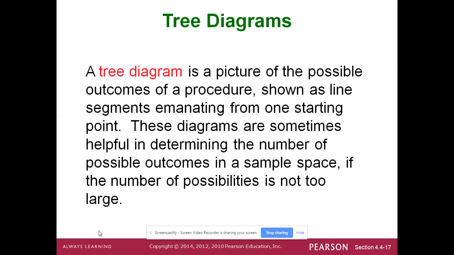It's sometimes helpful in determining the number of possible outcomes in a sample space, and also in finding the actual sample space. Usually, when dealing with a lot of options, a tree diagram can get big and cumbersome, so we don't want the number of possibilities to be too large.